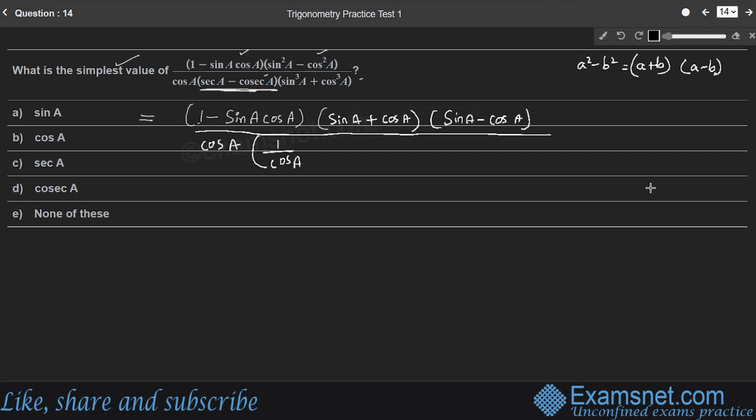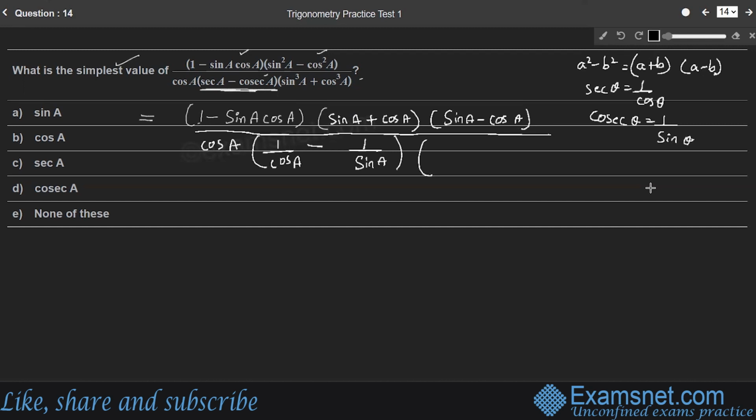Therefore, we can write secant A as 1 by cos A minus cosecant A as 1 by sin A, because secant theta is 1 by cos theta and cosecant theta is 1 by sin theta.